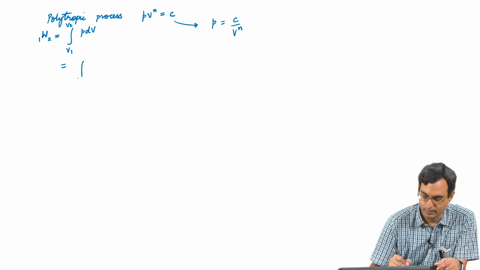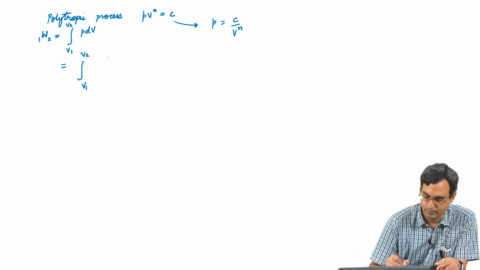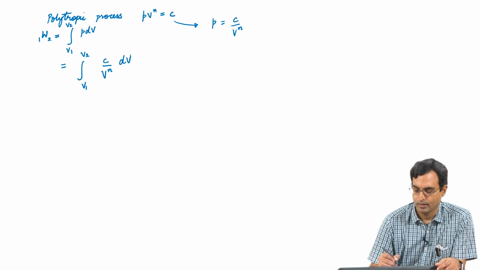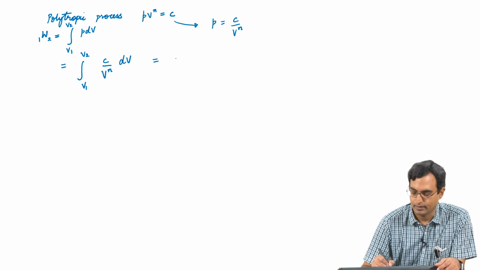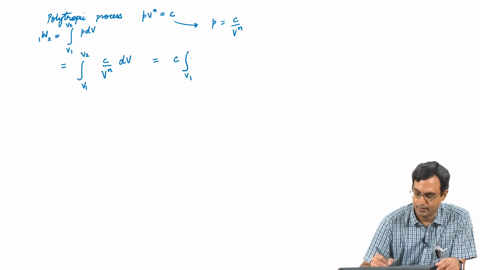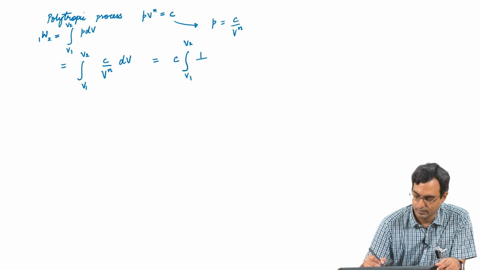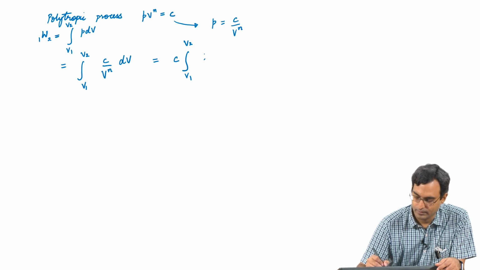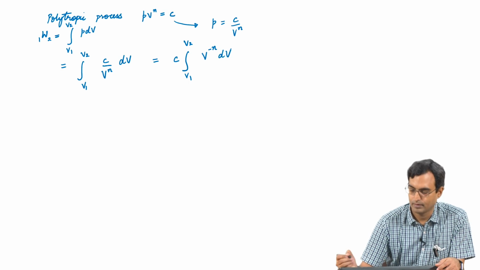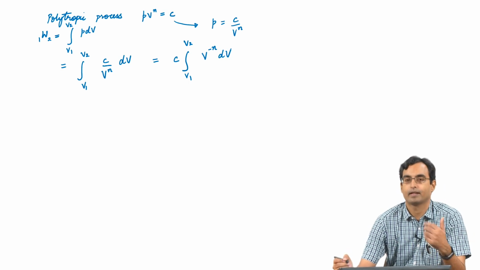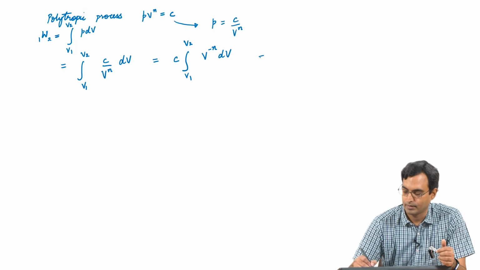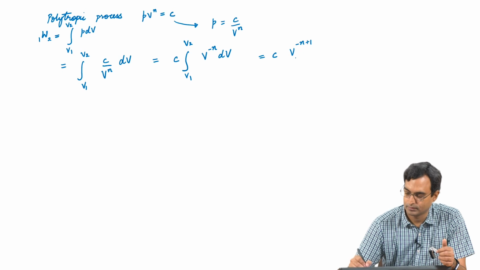So, this gives me, C is again a constant, so I can take C outside. So, I have this integral. Let me write this as V power minus n. Okay. So, the integral of V power minus n is essentially V power minus n plus 1 divided by minus n plus 1.